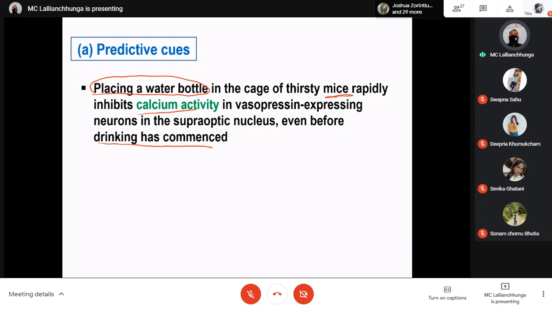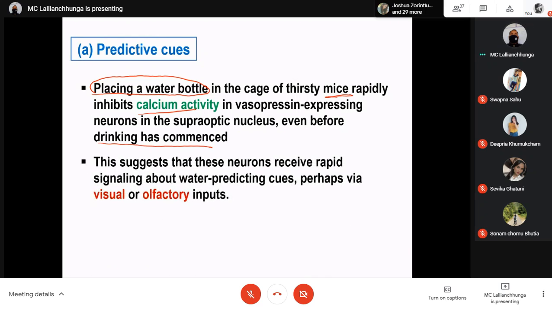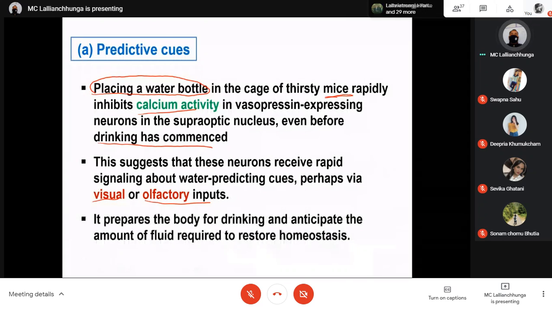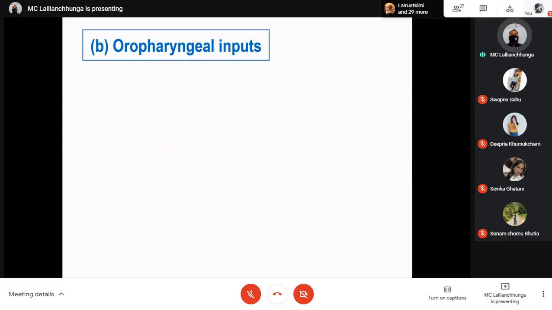This suggests that these neurons receive rapid signaling about predictive cues, perhaps via visual or olfactory inputs, by seeing or by smelling. They send signals to the brain to suppress thirst. It prepares the body for drinking and anticipates the amount of fluid required to restore homeostasis. So this is predictive cues.